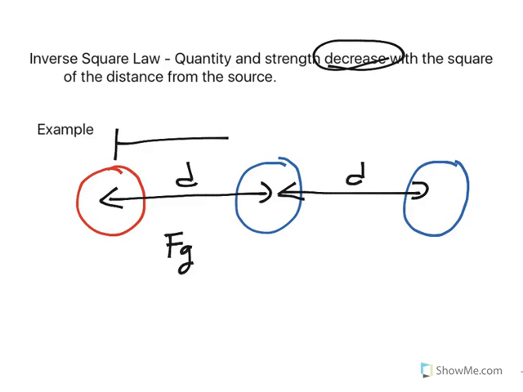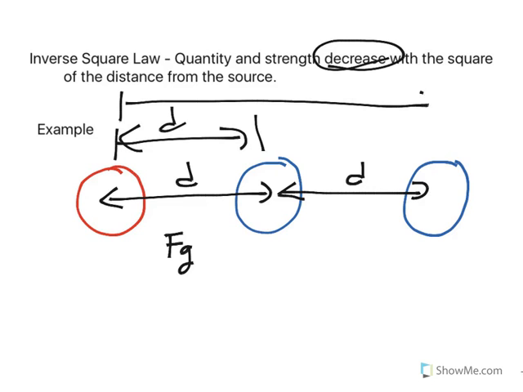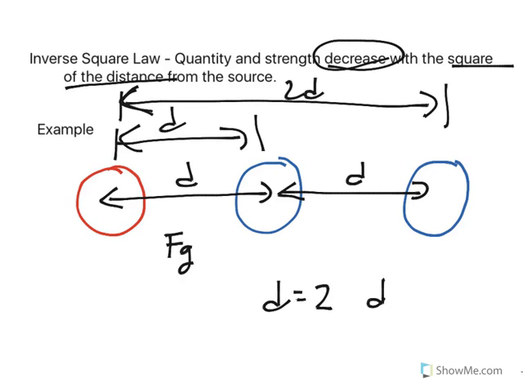So we were at d, and now we're at a distance of 2d, or double the distance. And the inverse square law tells us it's the square of the distance. So the distance now went to 2d, and the square of the distance is 2 squared, or 4.